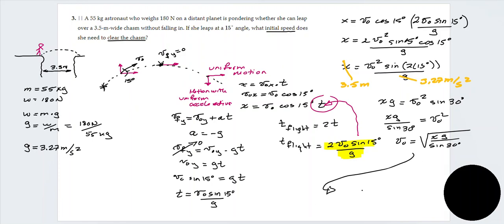Now we can find v sub 0 easily because we know x, which is 3.5 meters, times the gravity, which is 3.27 meters per second squared, divided by the sine of 30 degrees, and we find that the initial speed needed to leap over the chasm would be 4.8 meters per second.